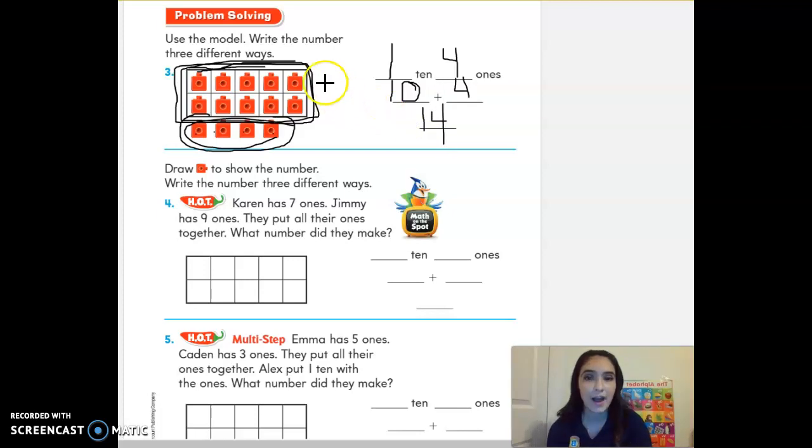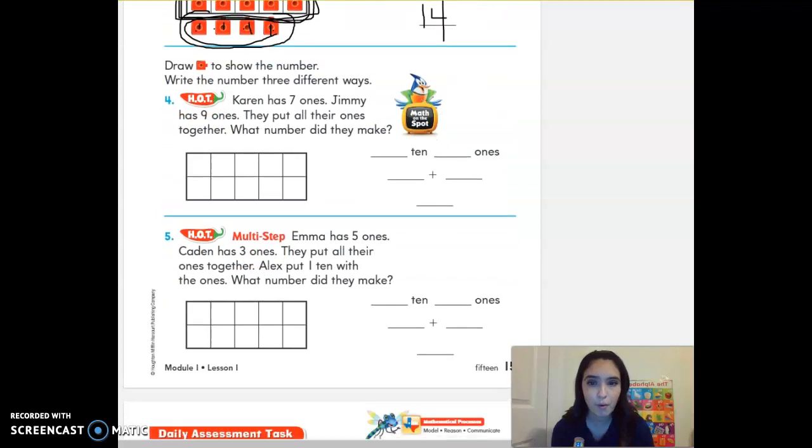Remember, if I already know that this has 10 inside, I don't have to count each one by one to get to 14. I can start at 10 and then count the bottom. 10, 11, 12, 13, 14, all right, to give you your answer. Okay, great job, guys.